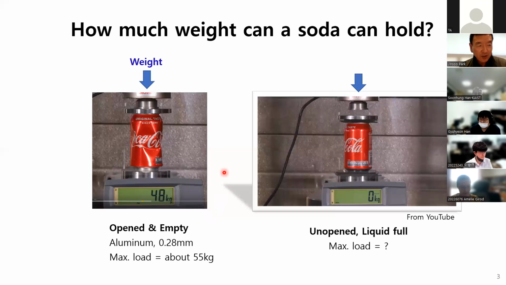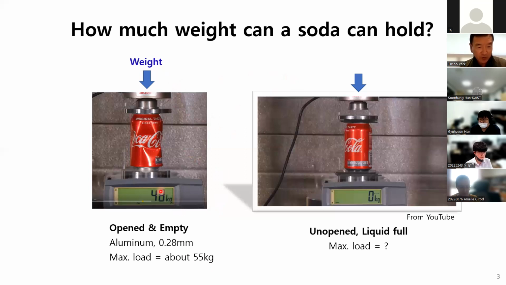In this slide, you see two load test situations. The left one is an opened, empty can. The can is vertically loaded and it collapsed at under 55 kilograms.